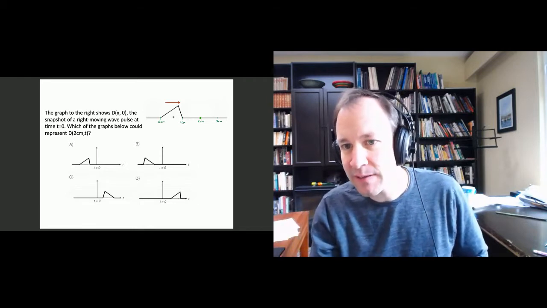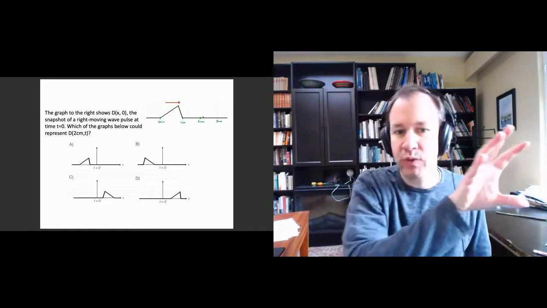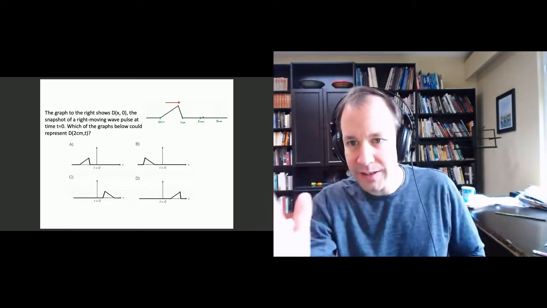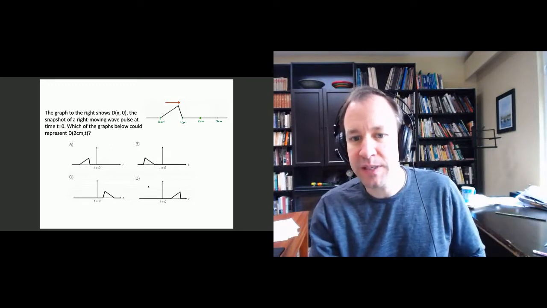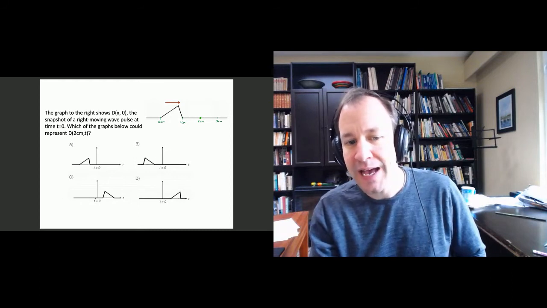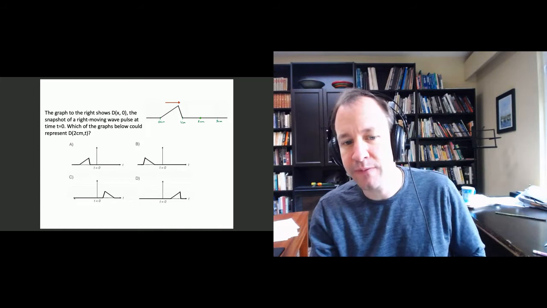Then at some later time, this wave will move along and hit the place where the green bead is. So what we should expect is that in our graph of displacement versus time, the displacement should be 0 at time 0 and all of the times before time 0. So either answer C or answer D would be consistent with that.